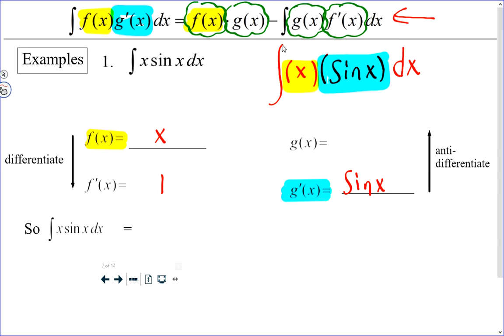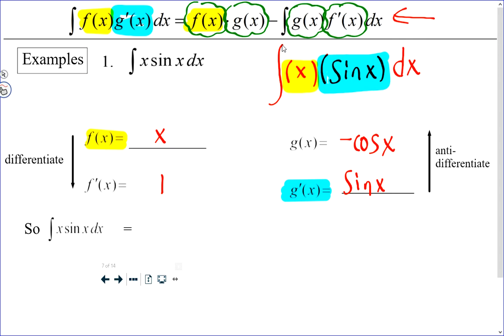In order for me to proceed here, I have to take sine of x, which is g prime of x, and anti-differentiate it. The antiderivative of sine of x is negative cos of x, and I would ask you, if you need to, just pause the video and process that. The antiderivative of sine of x is negative cos of x because when you differentiate negative cos of x, you get positive sine of x.